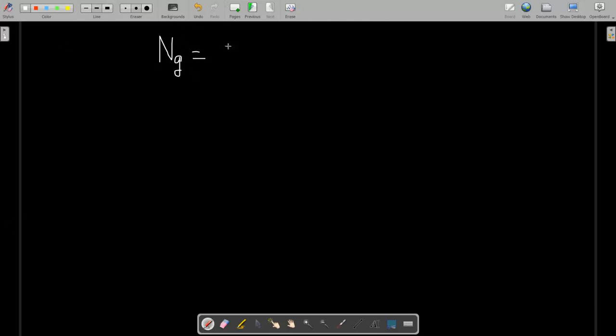So here I am using Ng. 120, frequency is 50 hertz, and poles 10. So RPM will be 600.